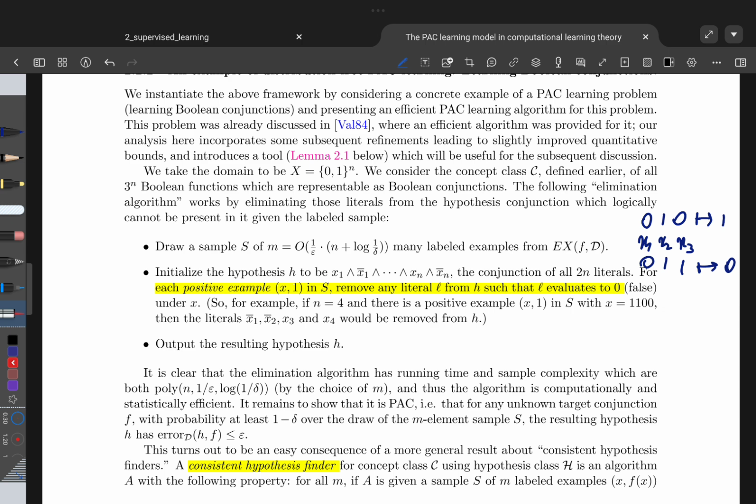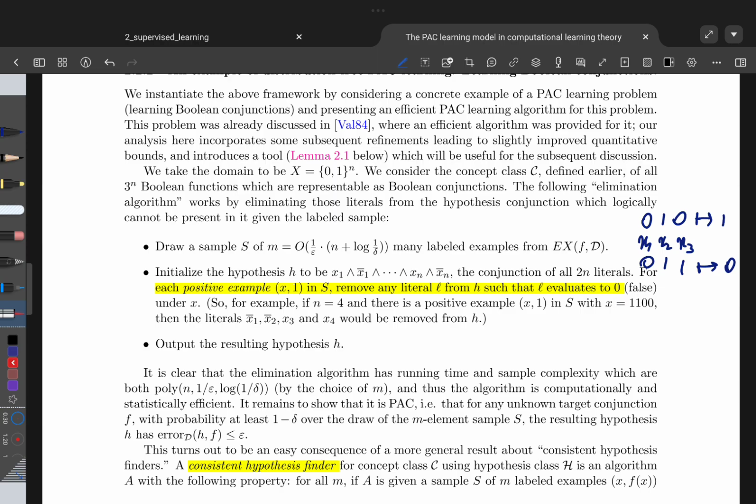Now I have fixed one of the literals, x3. So essentially, for any x that gives you 1 as the output, you look at the remaining strings and see which of them gives you a value of 0, wherein one of the variables is different. And then you try to eliminate those particular variables.